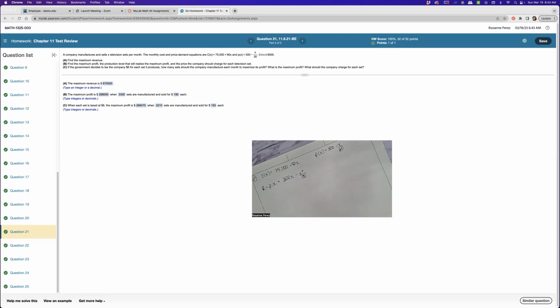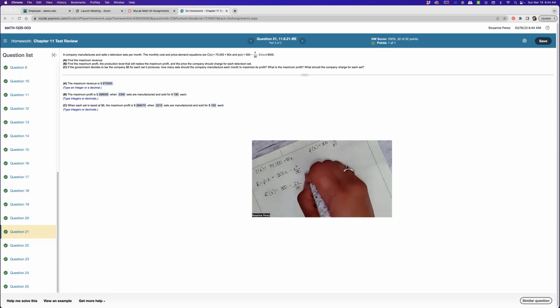We are maximizing it, so we take the first derivative of our revenue function. That's going to give us 300 minus 2x over 30. We're going to simplify our fractions, so that's 300 minus x over 15.